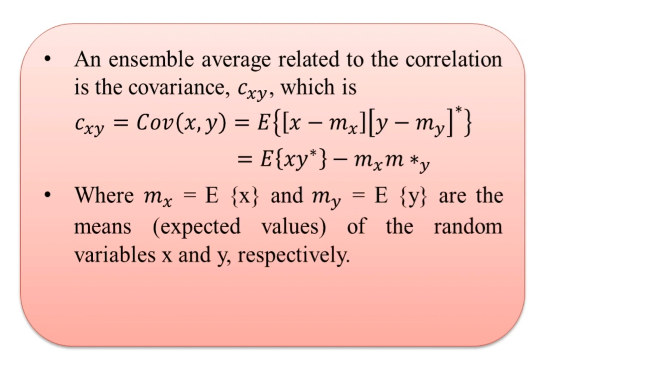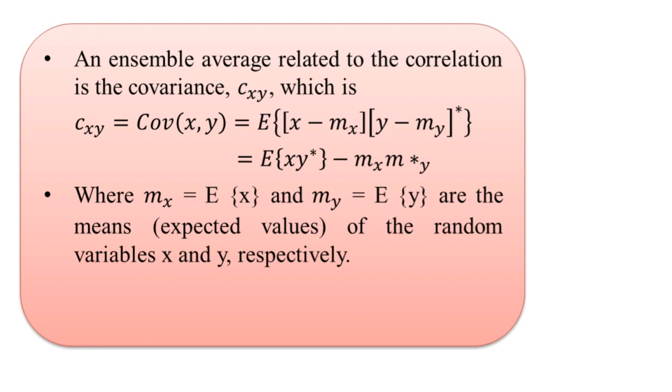These are again the means or the expected values. In this formulation, the expected value of random variable x and the expected value of random variable y are individually taken, and the differences of the random variables with these expected values are computed, with the complex conjugate for y, and substituted into the previous formula for correlation, which gives us the covariance.